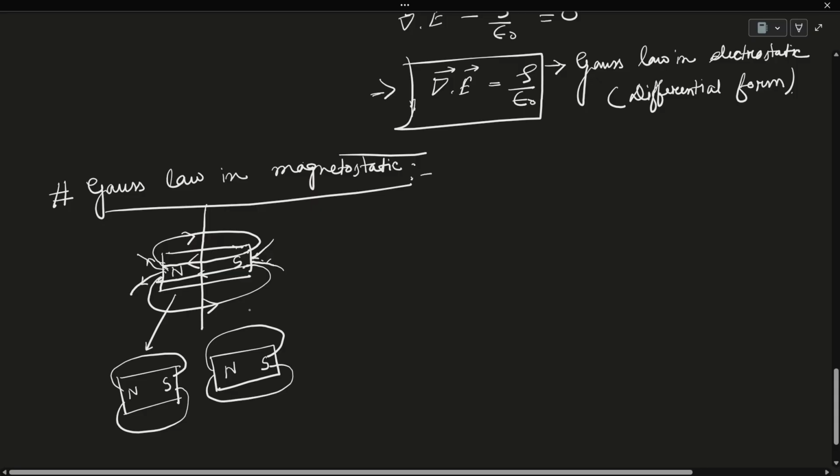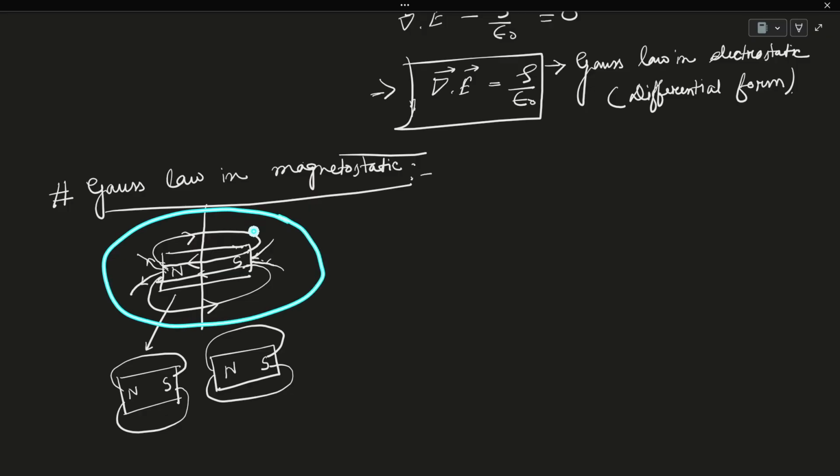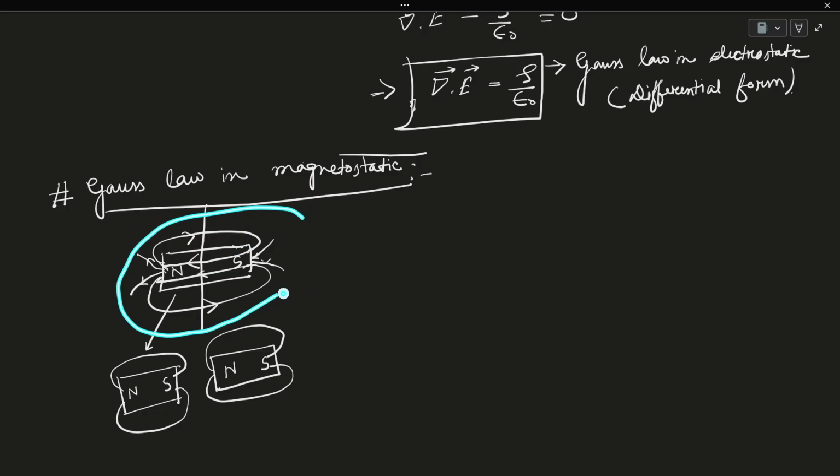So if we consider a closed surface anywhere, if we consider the surface like this, then what will happen? There are no field lines coming out of the surface and going inside the surface, right?